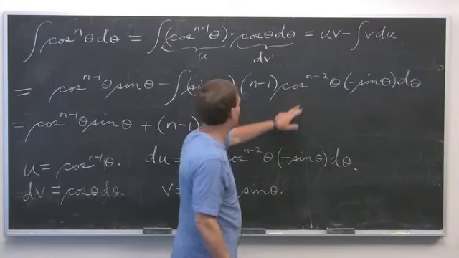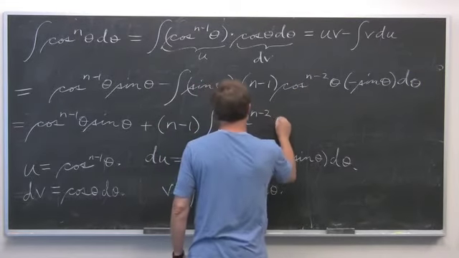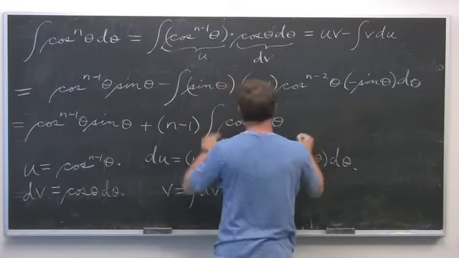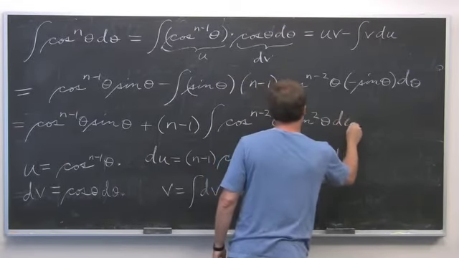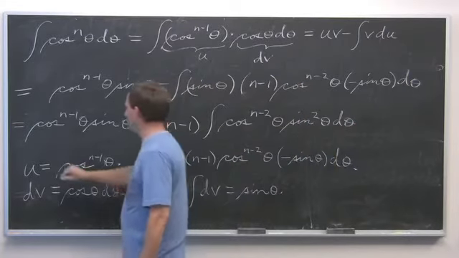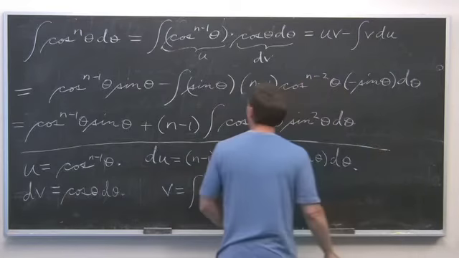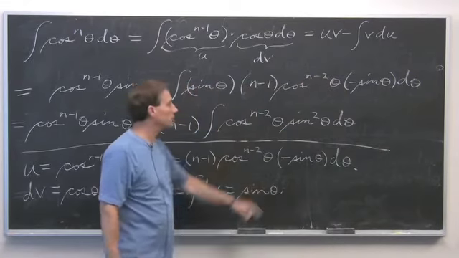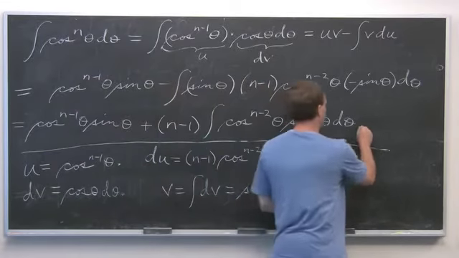There's a cosine raised to the n minus 2 theta, and then there's sine times sine, so times sine squared theta, d theta. And this is where trig identities come in. We use the fundamental trig identity now and rewrite sine squared as 1 minus cosine squared.